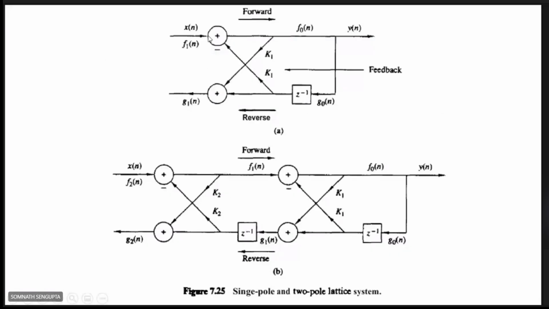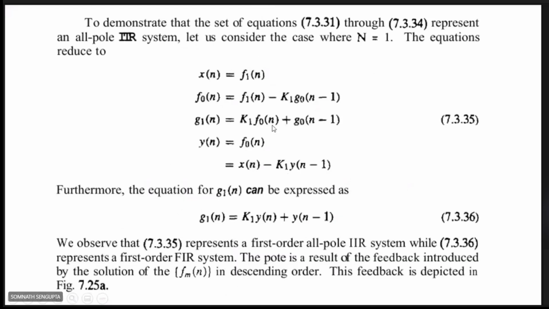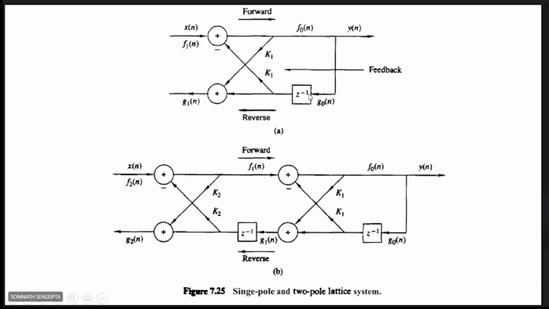So f1n is there, and how is f0n obtained? It is obtained from f1n minus k1 into g0n minus 1, because the delay is there. So this f0n is obtained this way, but the feedback is also taken at the same time. Then again, g1n is what?